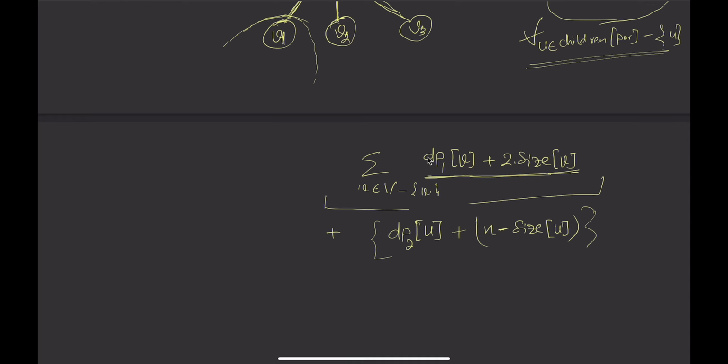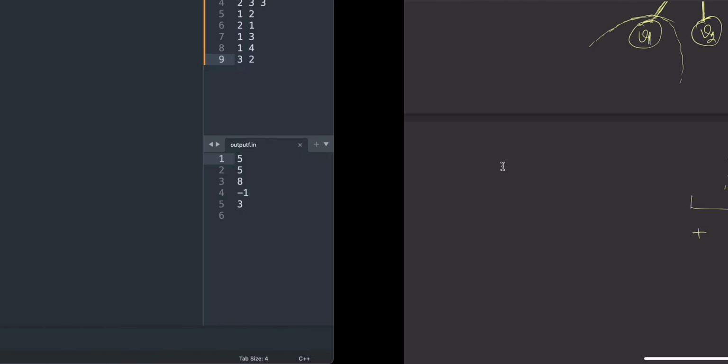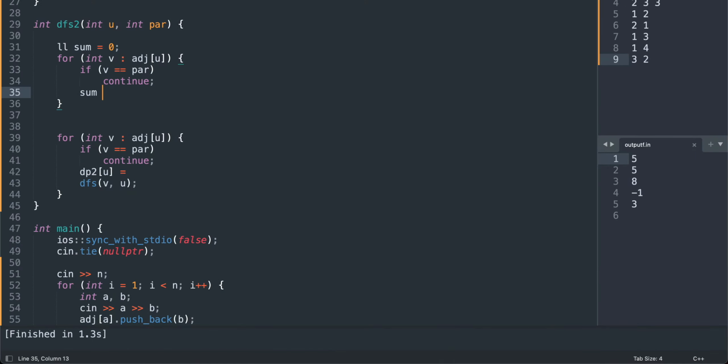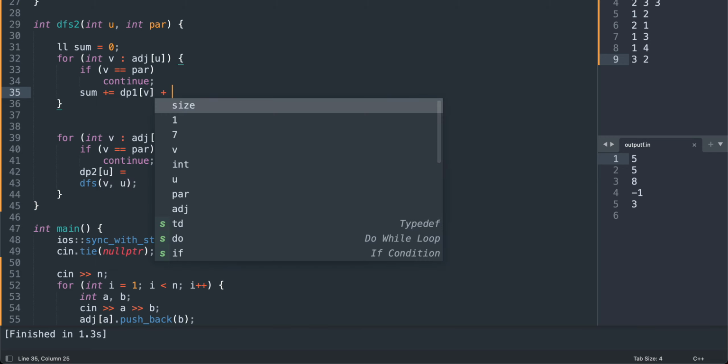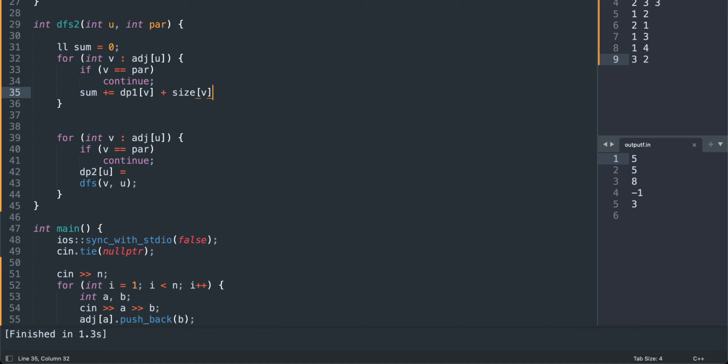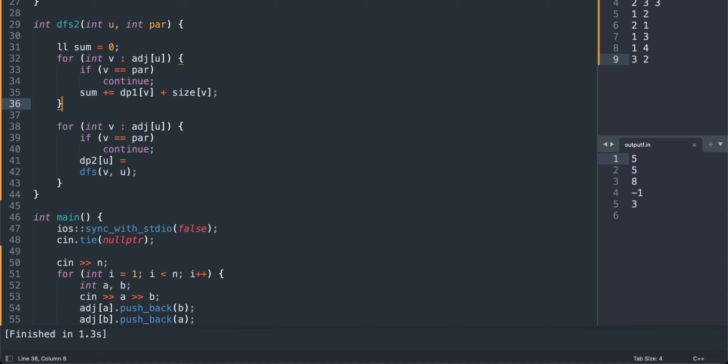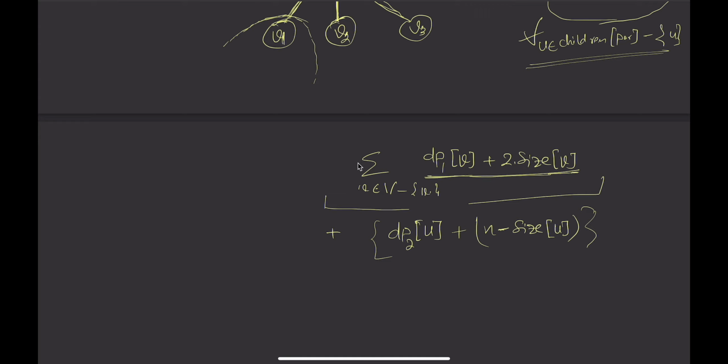So for every node I can calculate dp1 of v plus 2 times size of v, that means sum plus is equal to dp1 of v plus size of v, right? After this we have this value total for every child of u you can calculate.